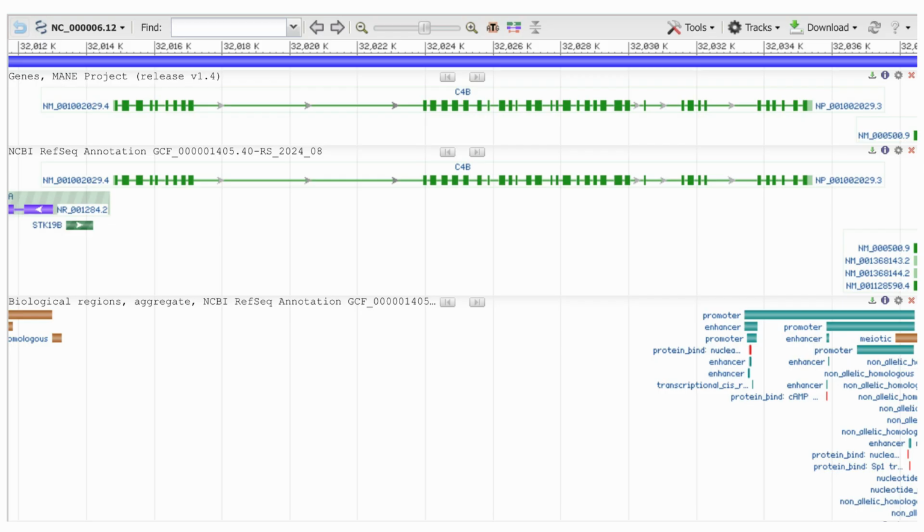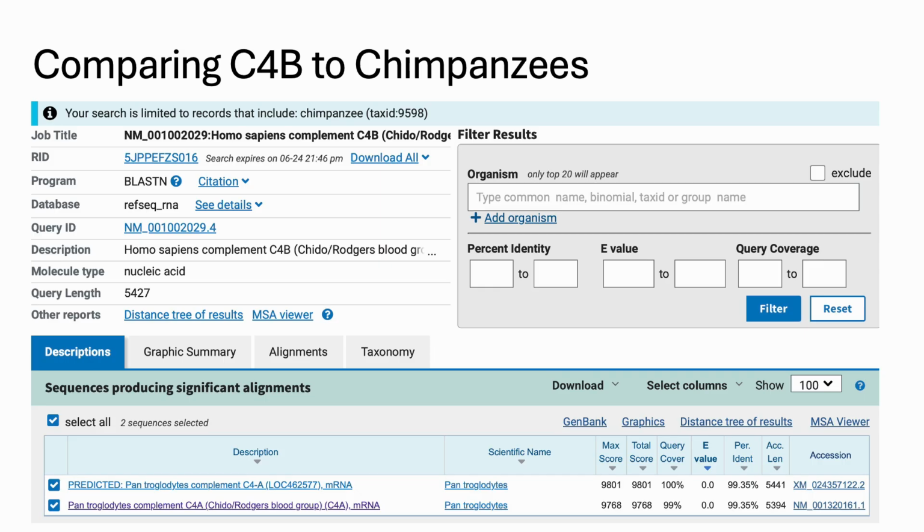Another comparison was done using C4B with the RefSeq annotation NM001002029.4 being used for the BLAST. C4 was used in a BLAST to compare with chimpanzees. The results showed 2 hits for chimps, and this was greater than 99% identity.